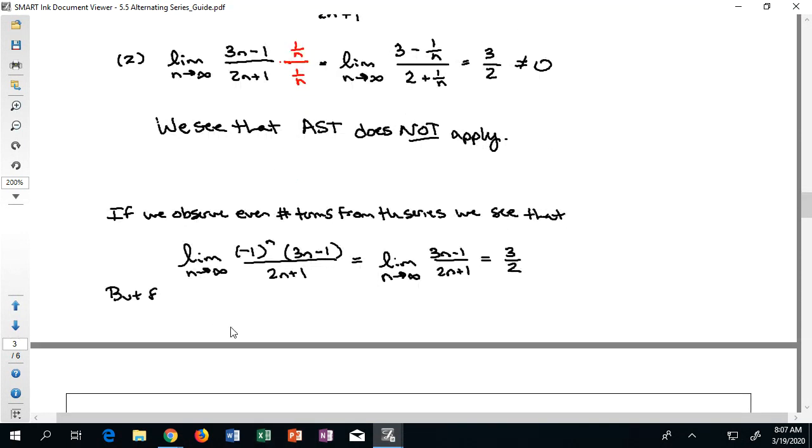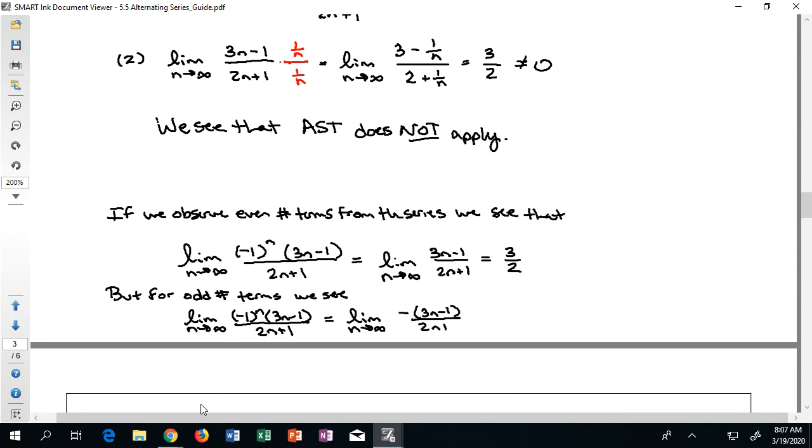But for odd numbered terms, we see that the limit as n approaches infinity of this entire inside formula is actually, again, if n is an odd number, I'm going to have -(3n minus 1) over 2n plus 1. And the limit of that is -3/2.